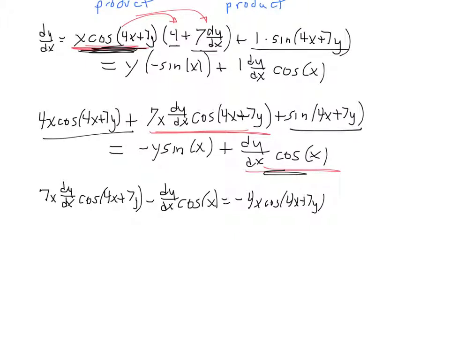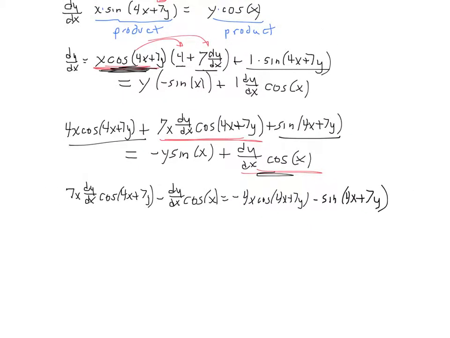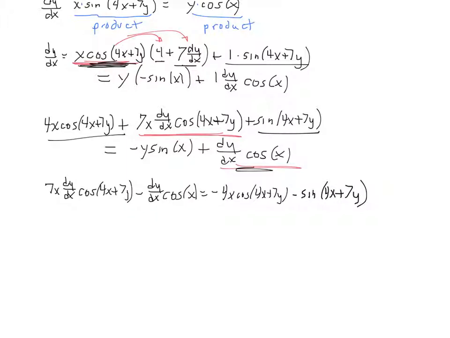So what else do I got? I got a minus sine of 4x plus 7y. And can you still read it? And then a minus y sine of x. So in other words, everything that did not have a dy/dx went to the right side, and everything that had a dy/dx stayed on the left side.